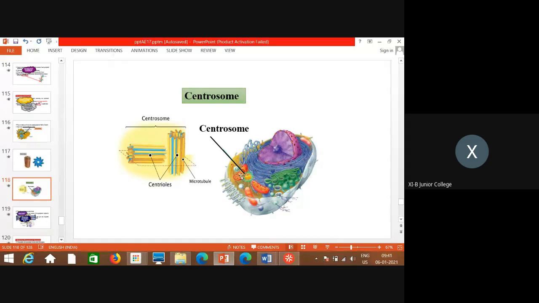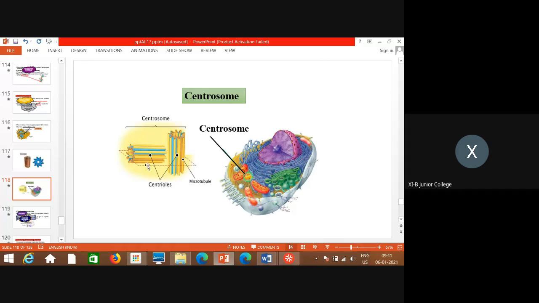So their place is near the nucleus because they play an important role during division of the nucleus followed by division of the cytoplasm. The actual role you will come to know when we discuss the cell division part. But just remember right now that centriole and centrosome play an important role during cell division, like mitosis and meiosis, which you will study in the next chapter. This is the entire structure of the centrosome.